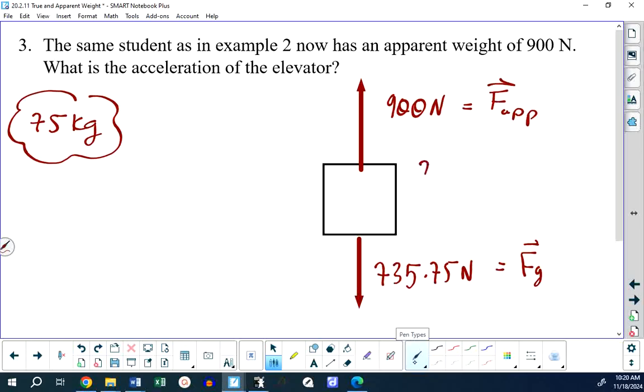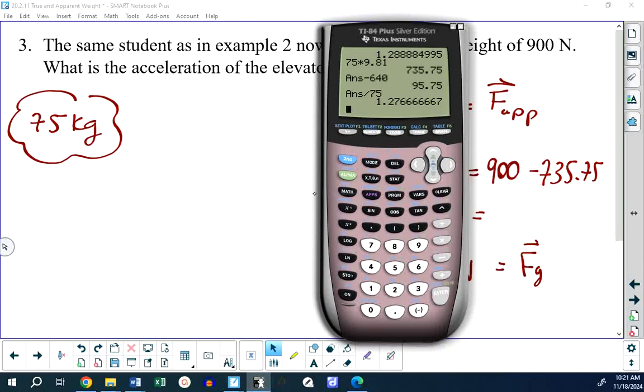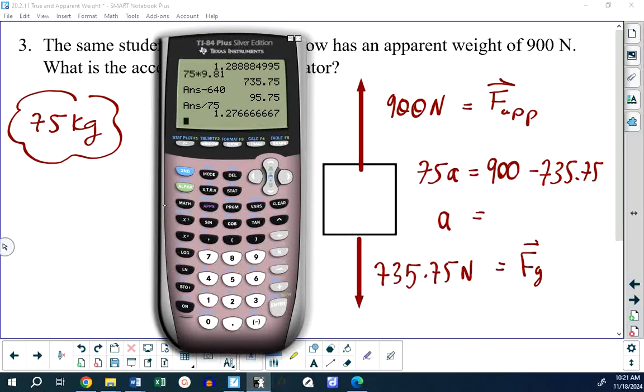So this time it's going to be MA equals the bigger upward force minus the smaller downward force. So we can subtract those numbers and divide by 75. I mean, we're doing the exact same set of calculations we did in the previous one.